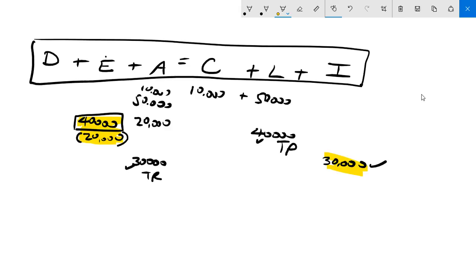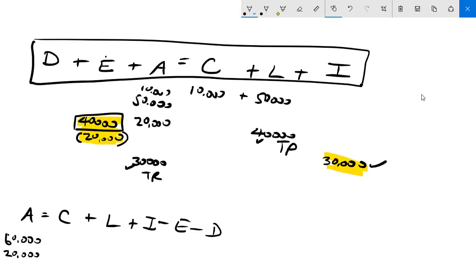Now, if I asked you what my profit was, you would say, well, Owen, if I do this equation right, we will have A is equal to C plus L plus I minus E minus D. And A right now is 60,000 in the bank, plus this inventory, these goods sitting in my warehouse, of 20,000, plus this piece of paper saying I am owed 30,000.